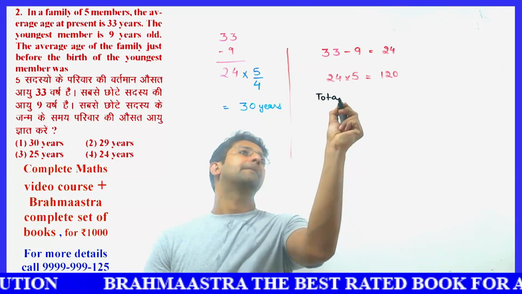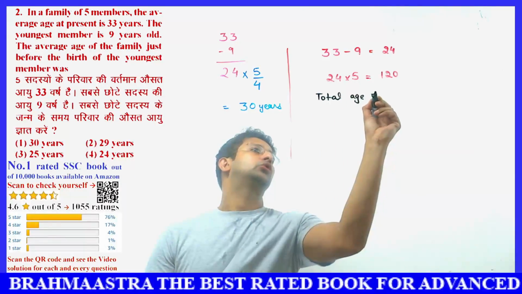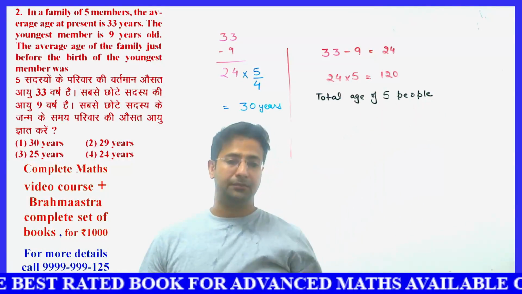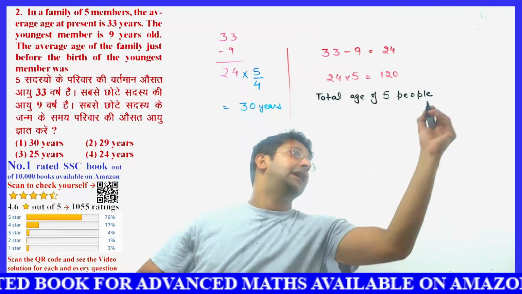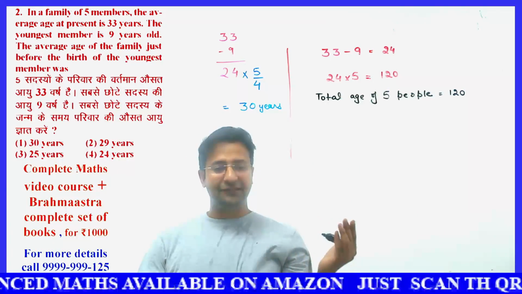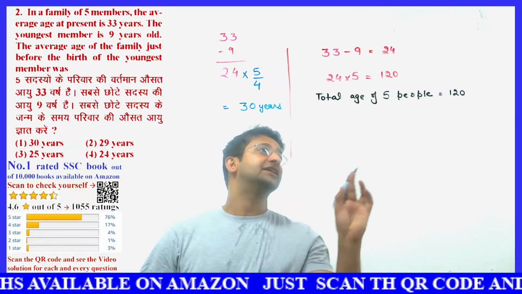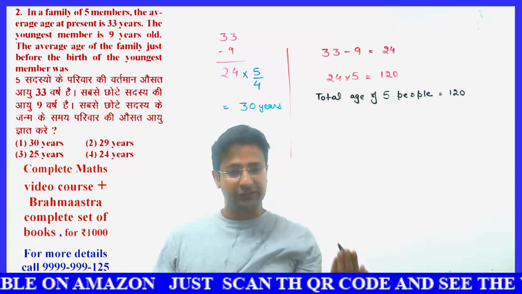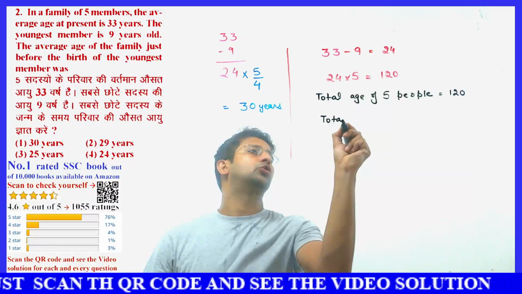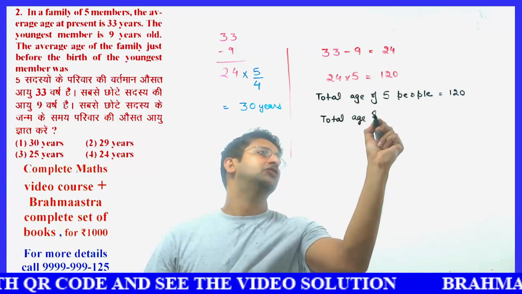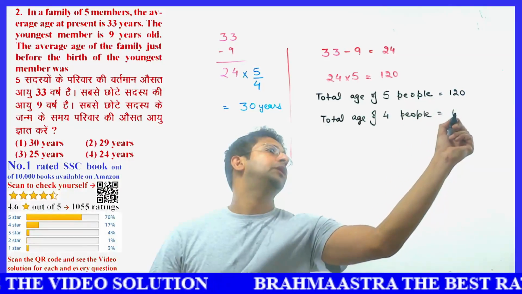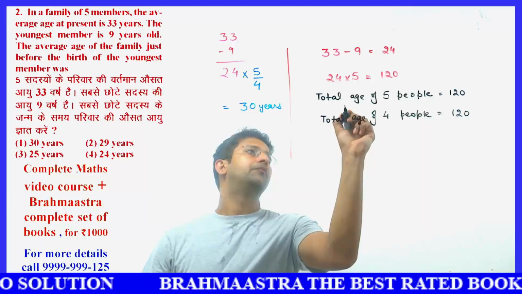Getting it, dear students? Total age of 5 people is 120. Now I go a moment back. I just rewind a moment and I'll say there were 4 people, because a moment ago the child was not born. So the total age of 4 people will also be 120 before the birth.